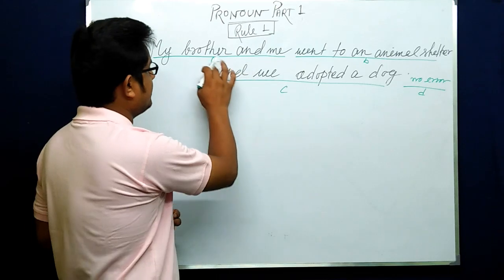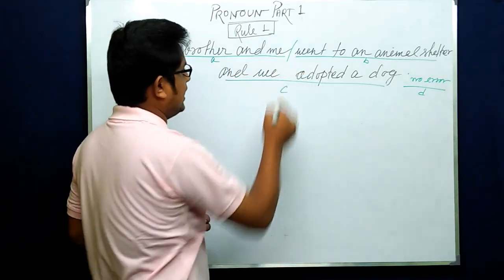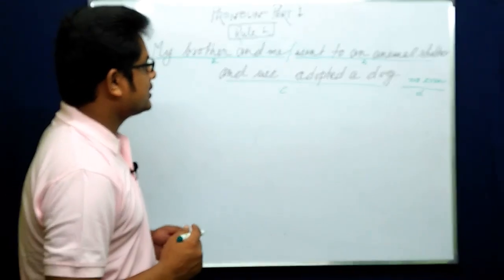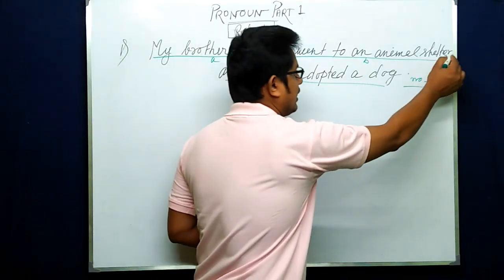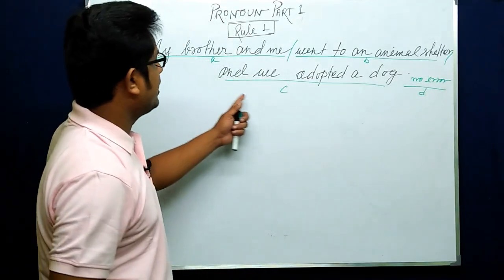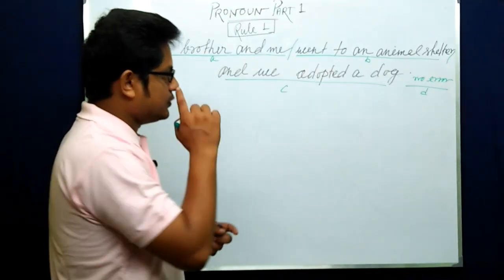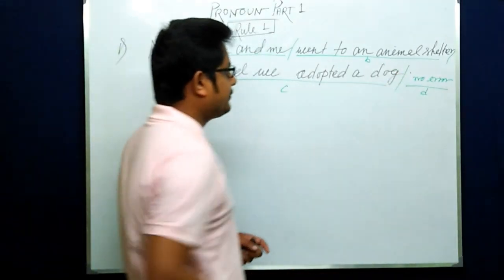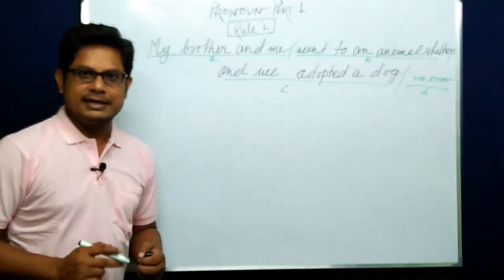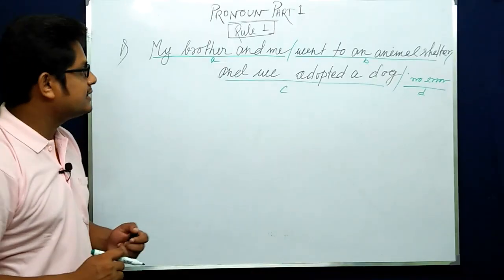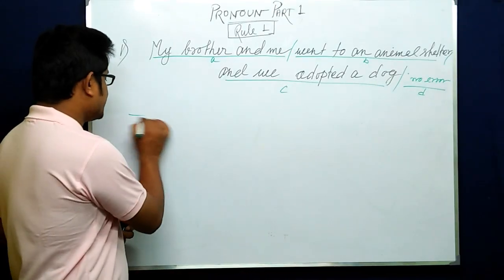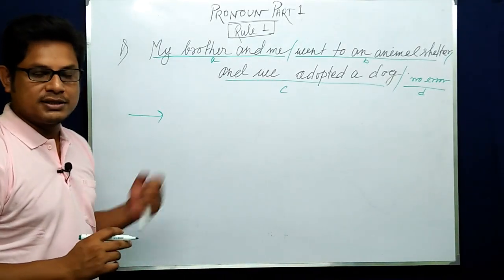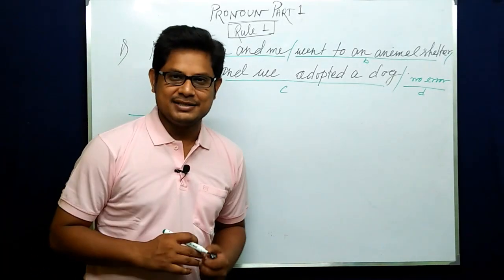My brother and me, part 1 is A, went to an animal shelter, this is B, and we adopted a dog, this is part C, and D is no error. So what you have to do, you are told to find the error in this sentence if you think it has one.